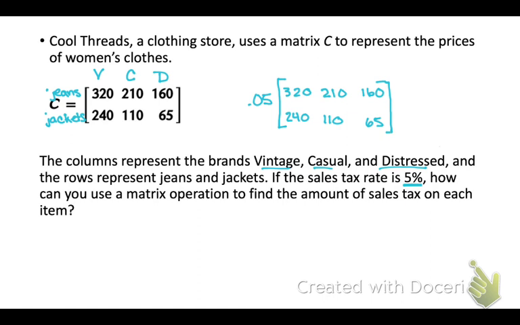Yes? So this is scalar multiplication. That means I multiply every single thing in here by 0.05. So I have 0.05 times 320, 16. And then 0.05 times 210, 10.5.